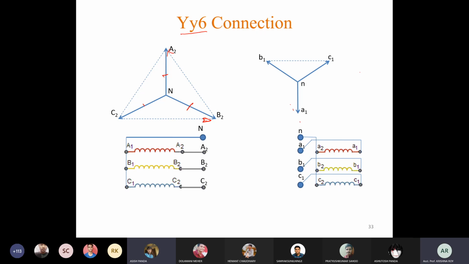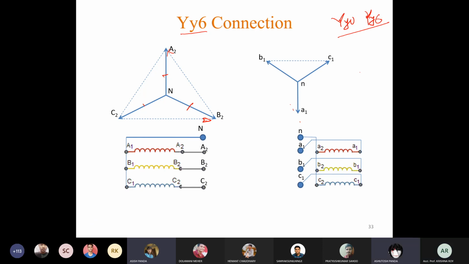So first of all, you have to draw the phasor diagram. Then from that, you have to draw the connection diagram. So YY0 and YY6 both are clear, I think.